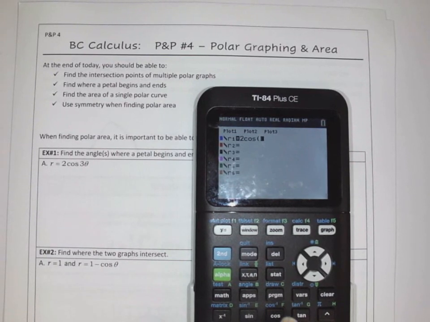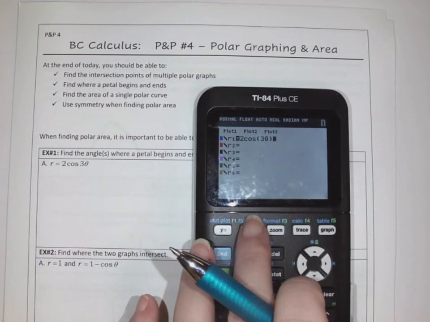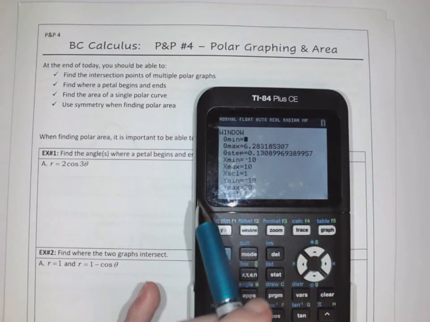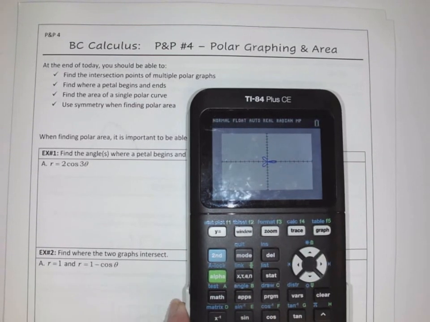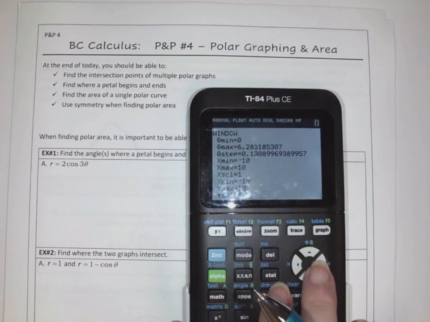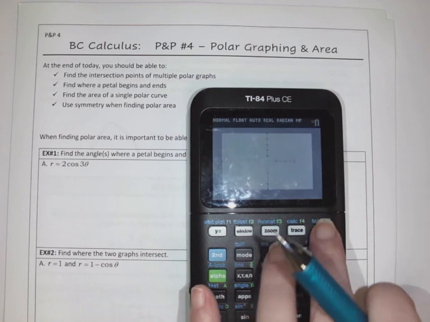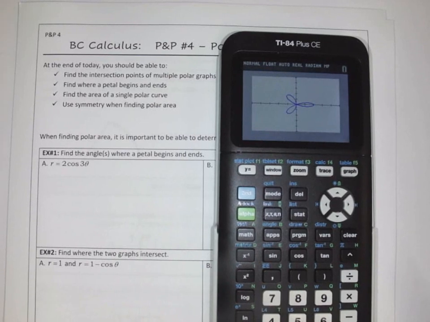So if I type in 2 cosine 3 theta, it's going to put a theta instead of an x, and let me do my window from theta min to theta max would be 0 to 2 pi, and I'll just leave it at negative 10 to 10 and negative 10 to 10. And I'll graph. Let me zoom in a little bit. Let's change my window. Let's go negative 5 to 5 and negative 5 to 5. So that's a little better. Okay, so there is my graph of my polar equation.